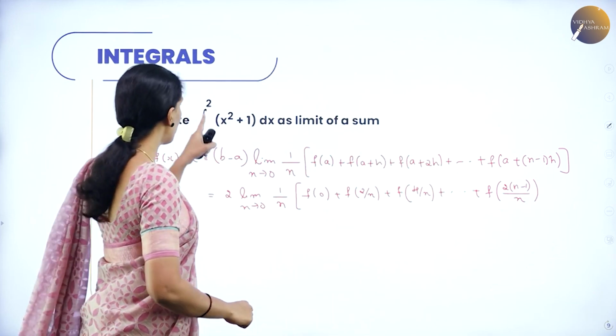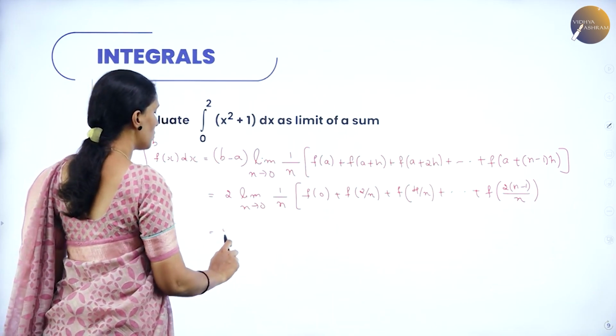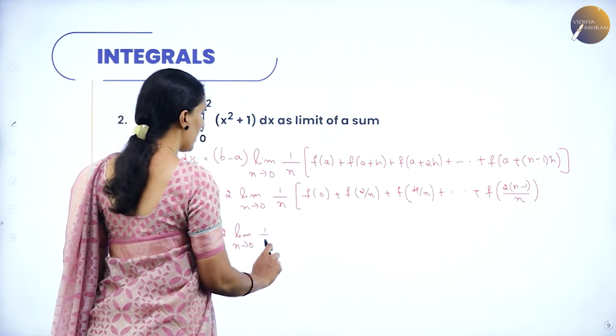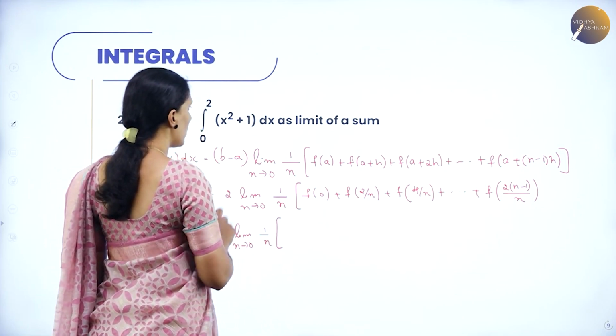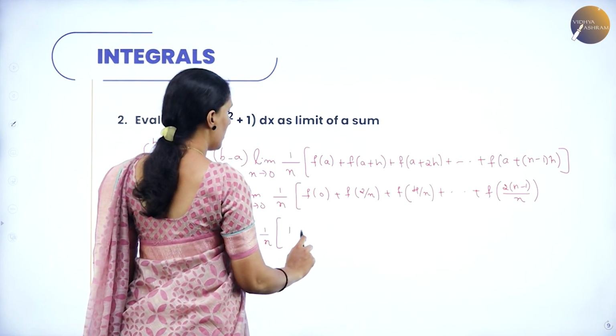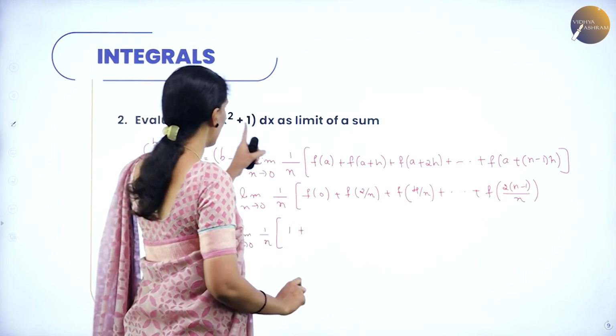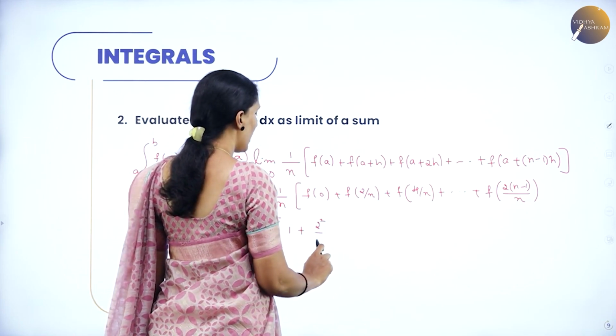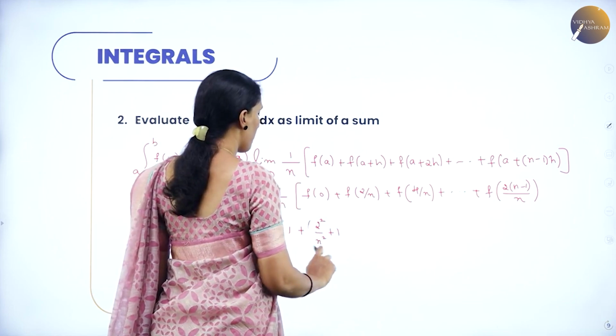So now we need to express in this form. So therefore this is 2 times limit as n tends to 0, 1 by n into f of 0, which is 1, plus f of 2 by n. So therefore it is 2 by n, which means it is 2 square by n square plus 1.